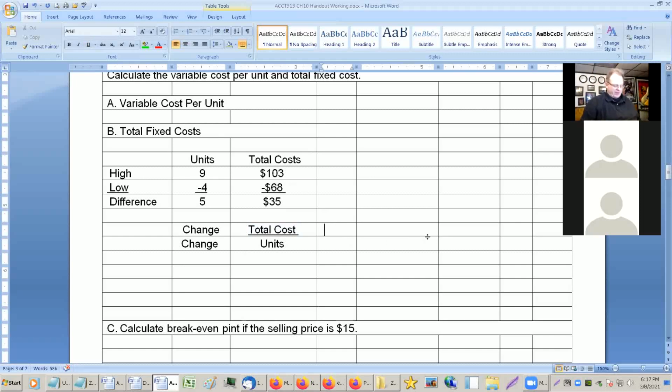So total cost changed by $35. And the units changed by 5.